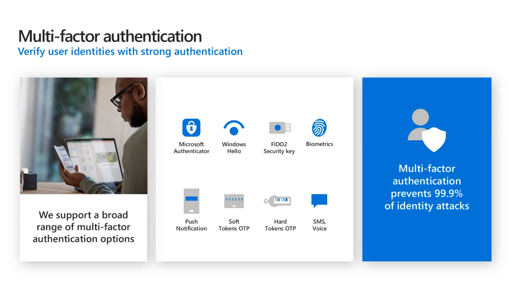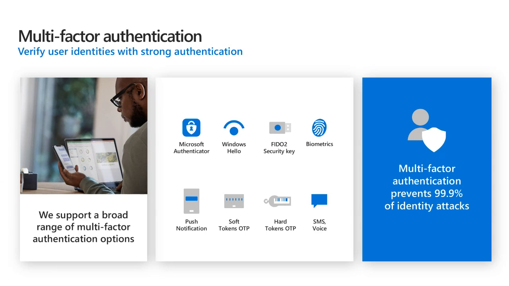And the goal is to make it as easy as possible. And so, you could use the Microsoft Authenticator app. Probably the easiest one is Windows Hello, especially if you have one of the modern machines that have the camera or the fingerprint reader or even biometrics. We also support FIDO2 keys that you can use for that, and then the different ways to send those.